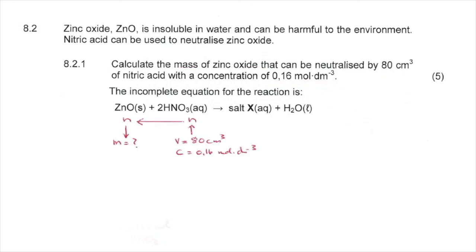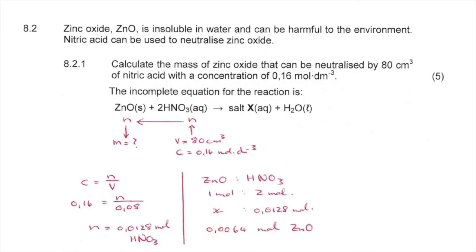So I'm going to start with what they give us, which is the volume and the concentration of the acid, work out the number of moles of that acid. Then I'm going to use the ratio of 2:1 to get the number of moles of zinc oxide, and then I'm going to convert that to mass. So the first step, taking the concentration and volume to get the moles.